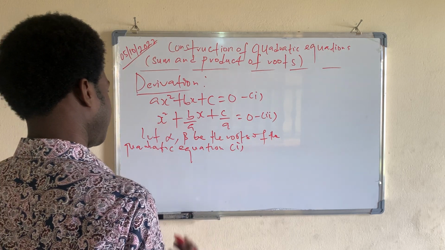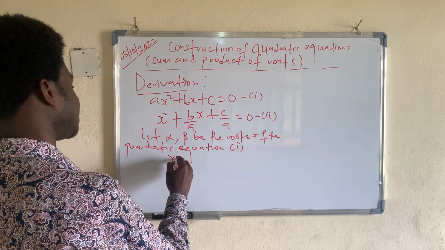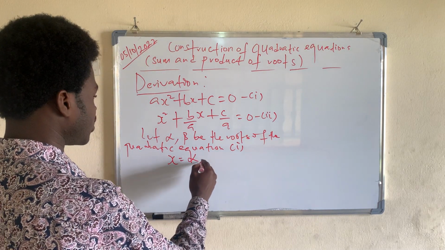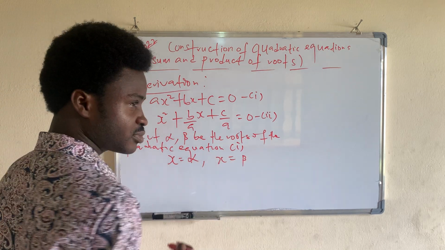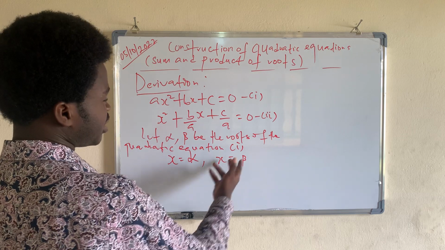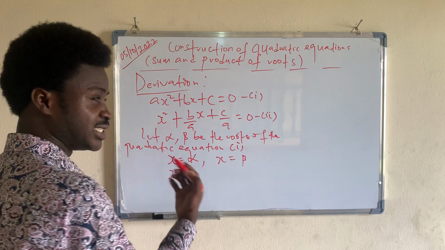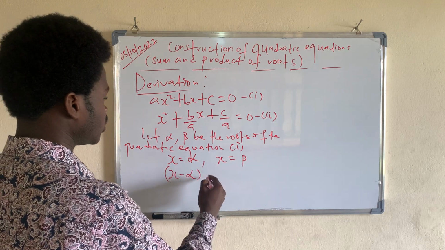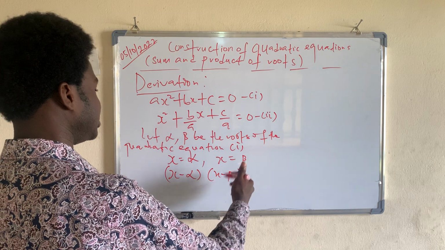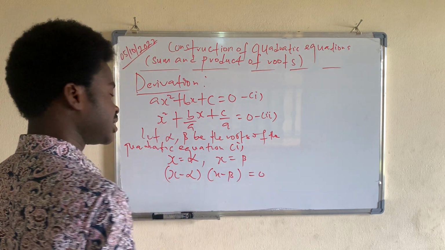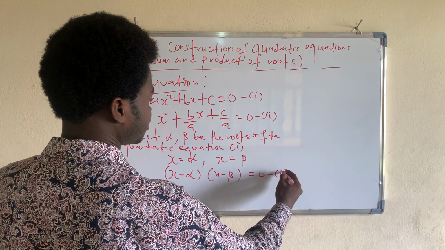If alpha and beta are roots of the quadratic equation in 1, then we know that x is alpha, and likewise x is beta. So from here we can say that x minus alpha is a linear factor, and also x minus beta is a linear factor. Let this be equated to 0, and let this be equation 3.